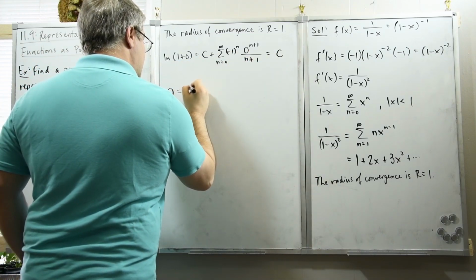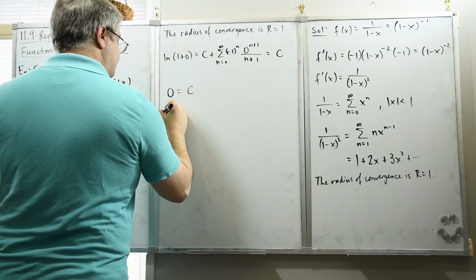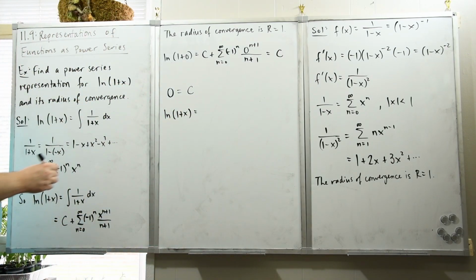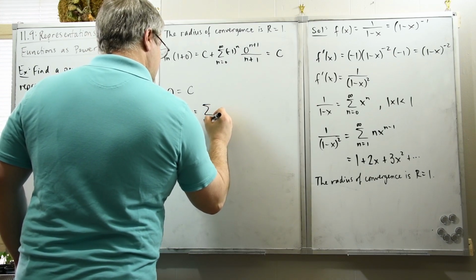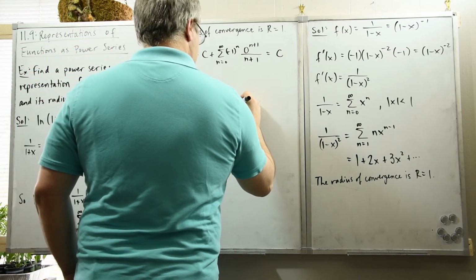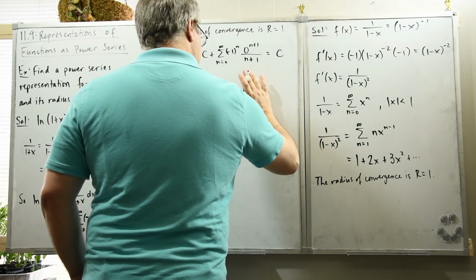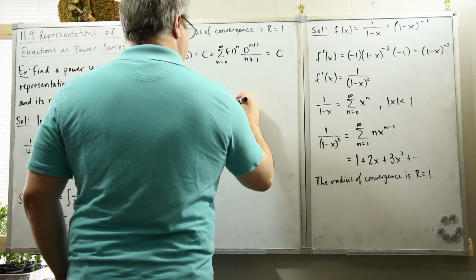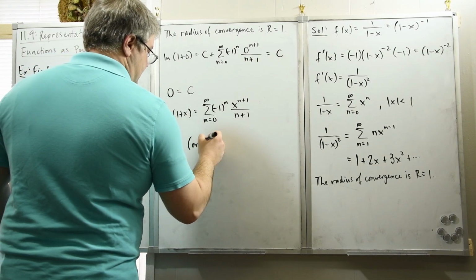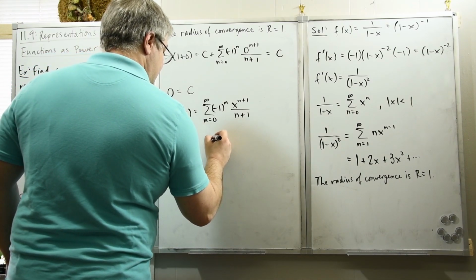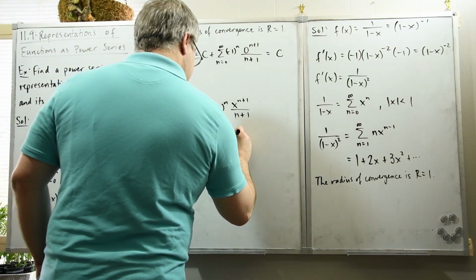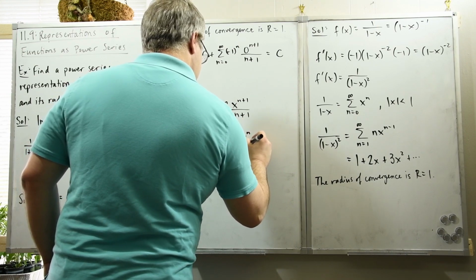So 0 is equal to c, which means that our natural log of 1 plus x can be written as summation n equals 0 to infinity of negative 1 to the n times x to the n plus 1 over n plus 1. And as I said before, if we wanted to start the index at 1, you could write this as negative 1 to the n minus 1 times x to the n over n.